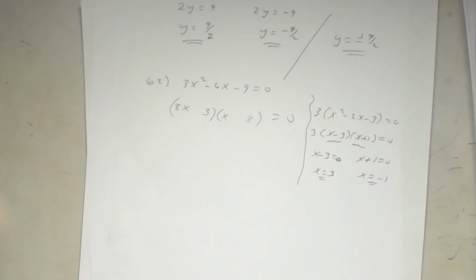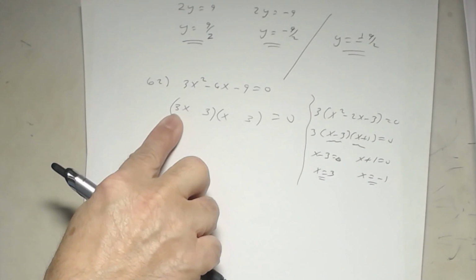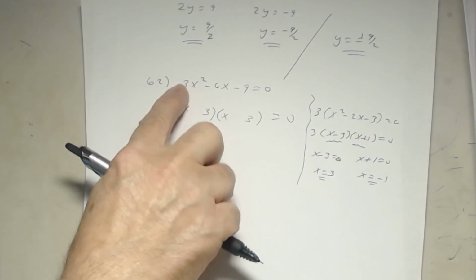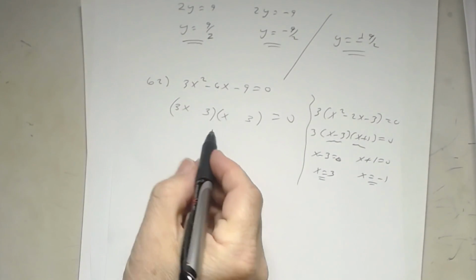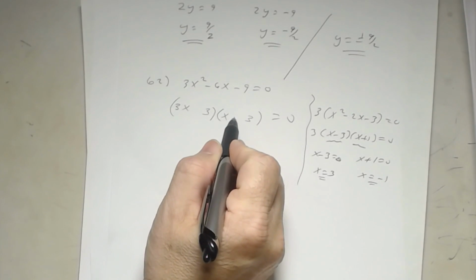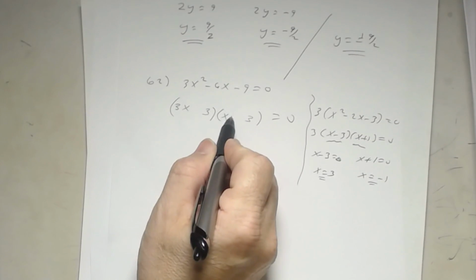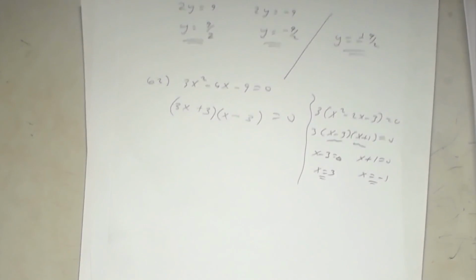It doesn't matter where I put the 3s, right? Now remember, if you're not careful, you might say, well, that means I could take out a 3 here, so that can't be it. No, you're fine, because the 3x squared, negative 6x, and negative 9 were already divisible by 3. So you need the middle term to be negative, so this one has to be negative and this one positive.